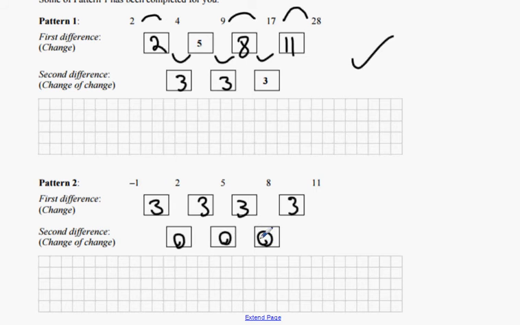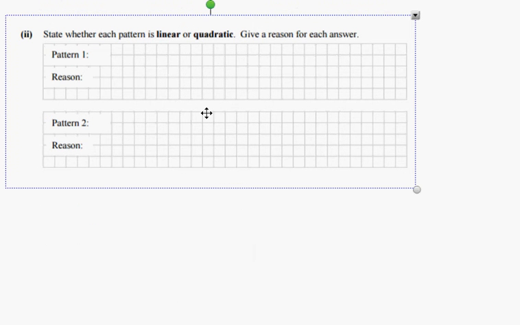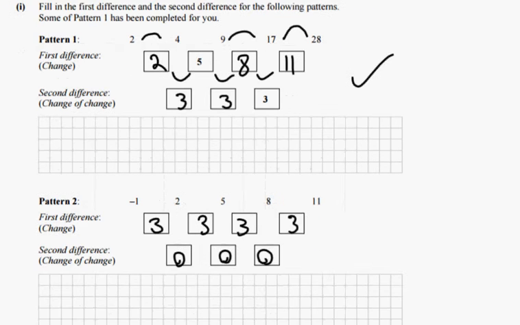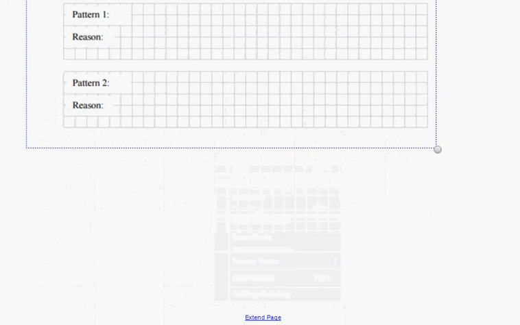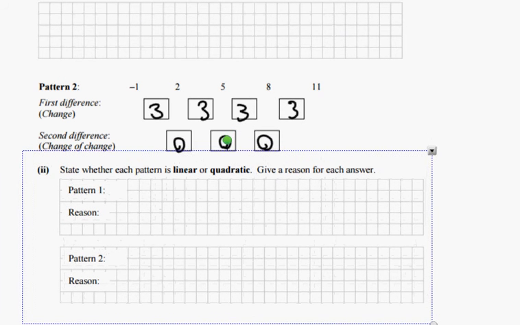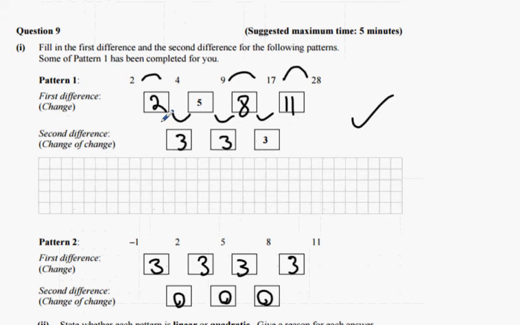Okay. Now what is actually going on, guys? So I'm just going to copy and paste this one over. So what is actually going on with this is what we have to figure out. Okay, state which pattern is linear and which is quadratic. So pattern 1 is quadratic. Why is it quadratic? First differences aren't the same, but the second difference is.